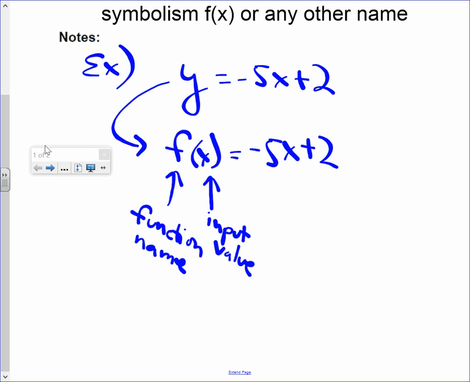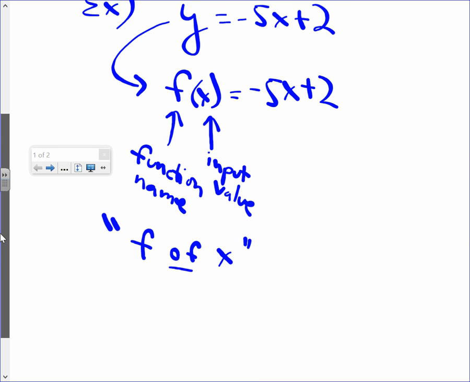And the way we say it is, I'm putting quotations, the way we pronounce it in the English language, we're going to speak English, the way to say this is f of x. F of x. Okay.